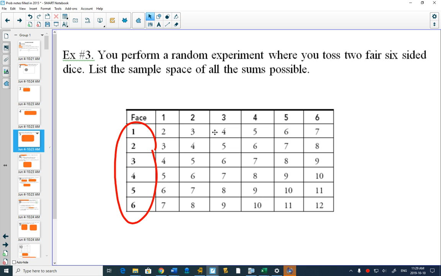And the possible sums. A lot of games deal with probability. One game in particular that I can think of that uses these numbers: how many people have played Settlers of Catan? Couple? Okay.